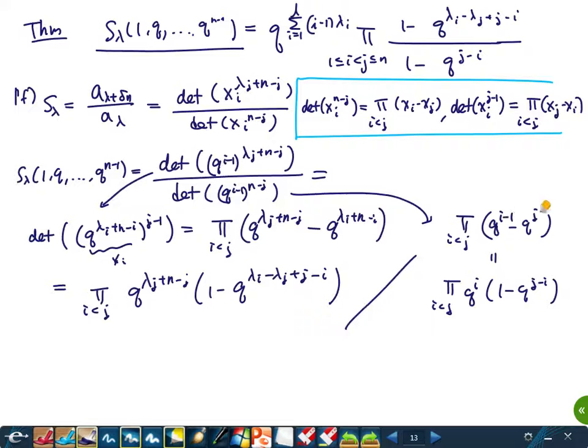Oh, by the way, I made a mistake. Then you will get this. That's it. That's the proof. Question? This is just a computation using the Vandermonde determinant. Okay, now I have some trouble with this mistake.